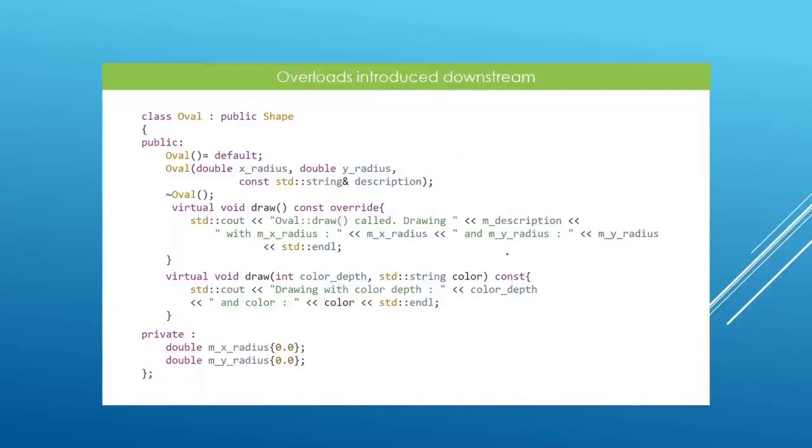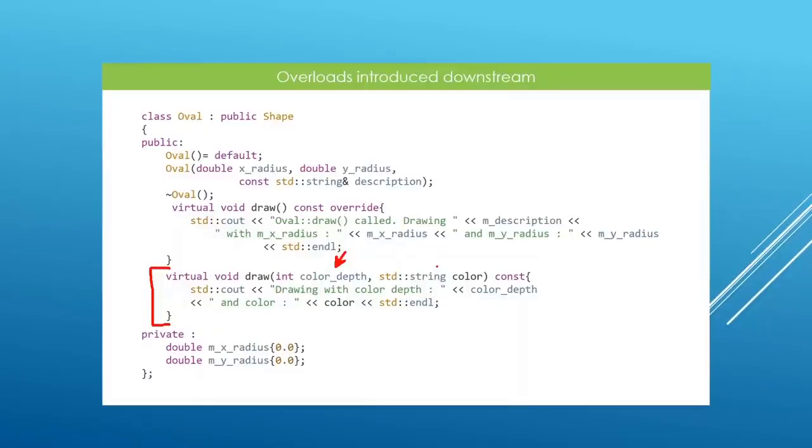Okay, so now we know this, but what if we set up another overload downstream? For example, what if we go in our oval class and set up another overload, which is going to have two parameters? For example, we might have the color depth and the color here that we want to draw with. One thing you should know is that this method is not going to participate in shape polymorphism.